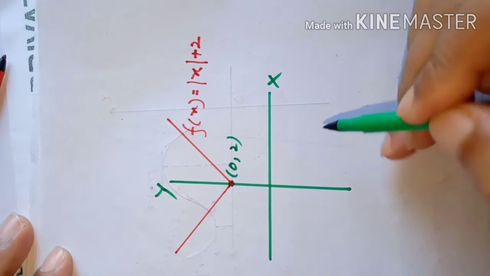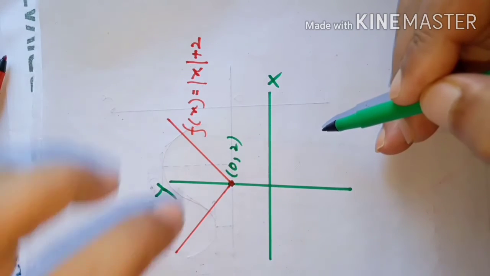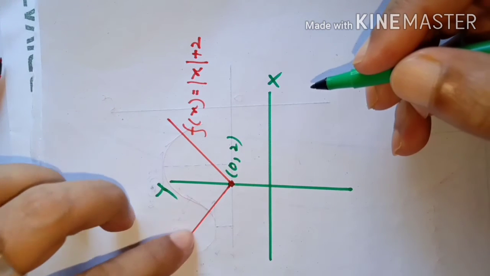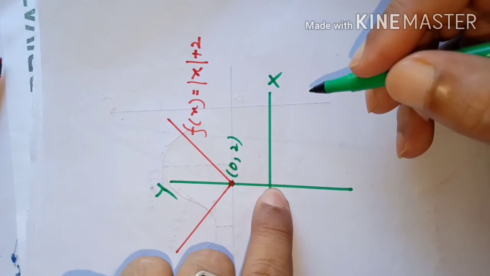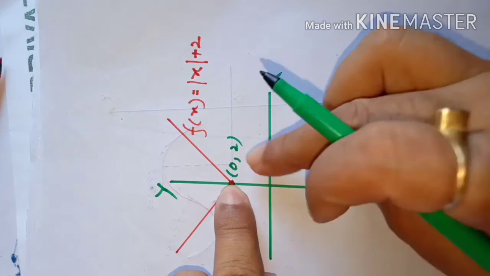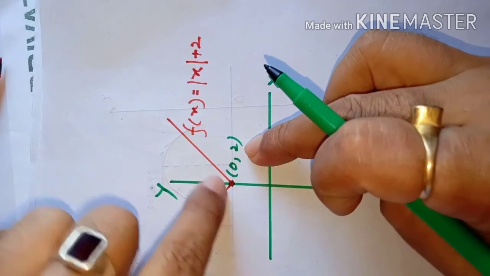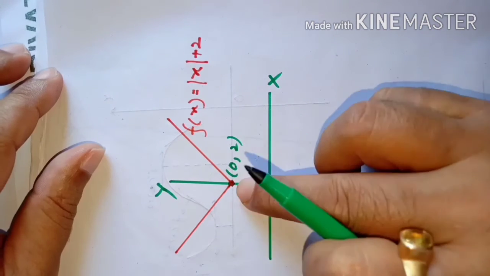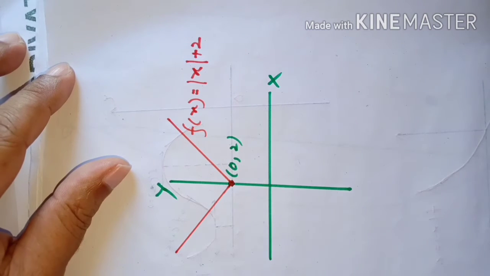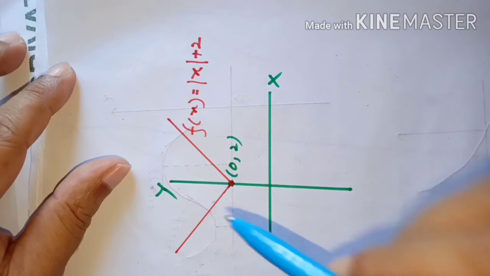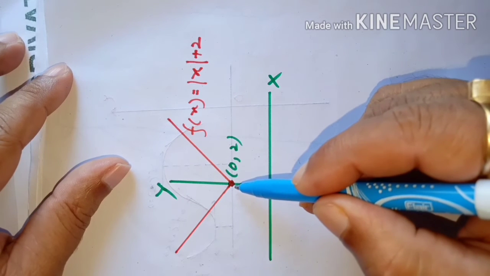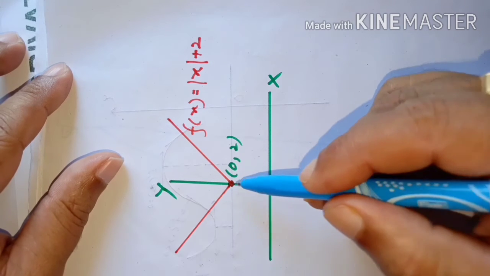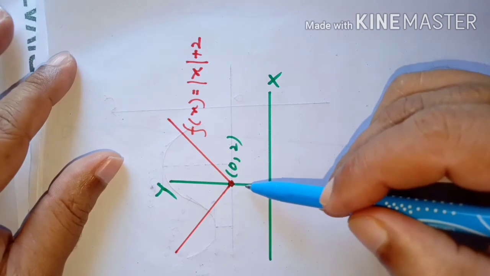It is decreasing up to x equal to 0, but after that it is increasing. But this function is not differentiable at x equal to 0, because at this point you can't draw a tangent. That means you can't find its slope at x equal to 0.